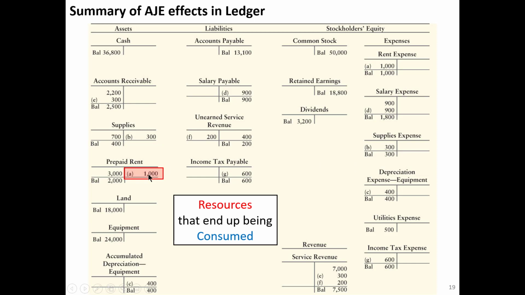There's prepaid rent being shifted over to rent expense. There's accumulated depreciation, which offsets equipment, showing up as depreciation expense. So the asset side is going down. When assets or the resources are being consumed, the consumption is represented as expense. The expense is the vapor trail of using up our assets.